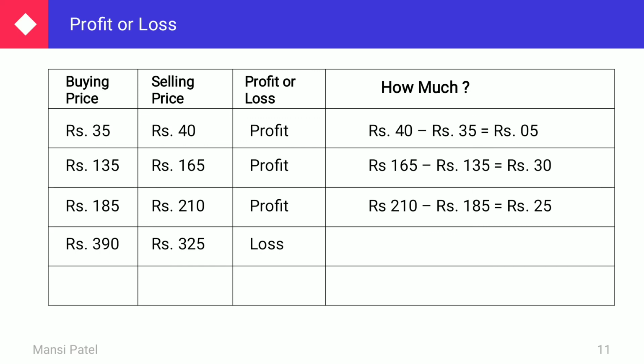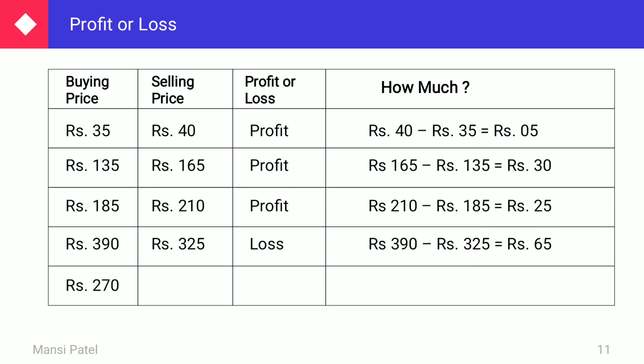And loss of how many rupees? For that you have to subtract the small amount from the big amount, which means 390 minus 325. 390 minus 325 is equal to 65 rupees. So in this transaction there is a loss of rupees 65.